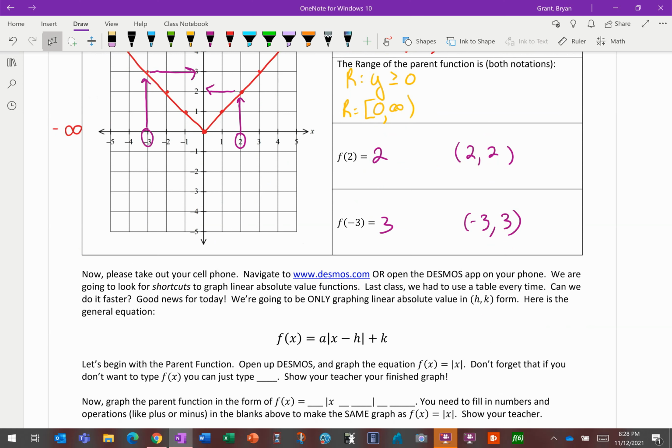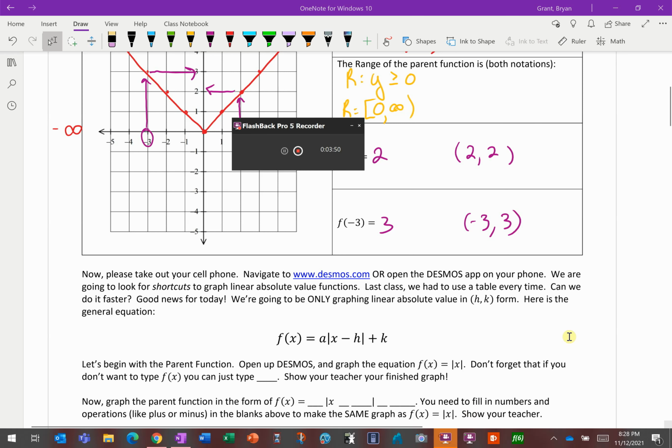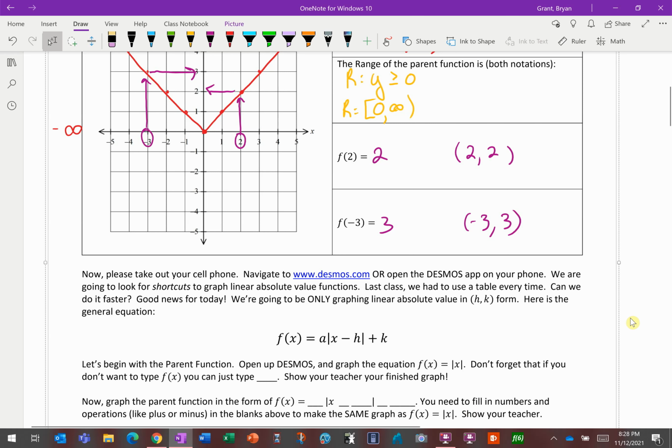If you go to your app store, there are a couple different Desmos apps you can download. One of them is the scientific calculator, which I've discussed before, and maybe that's already on your phone. I hope it is. But then the other one is the graphing calculator. So we are going to be using the graphing calculator of Desmos, and we're going to do that to better understand how to graph linear absolute value functions.